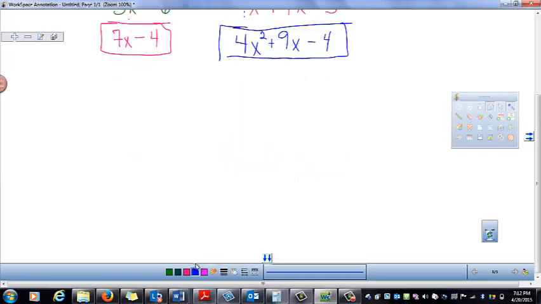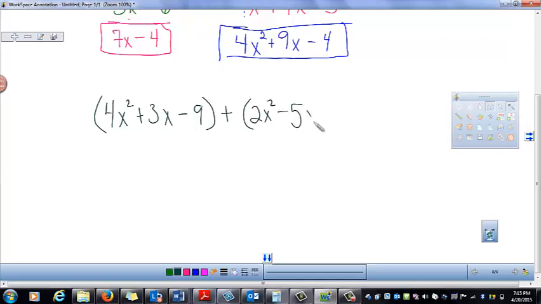Now what happens in algebra is sometimes we will write this instead of going up and down, we write it side to side. So you have to be careful and match up the right ones. So here I have an x squared, so I have 4x squared.